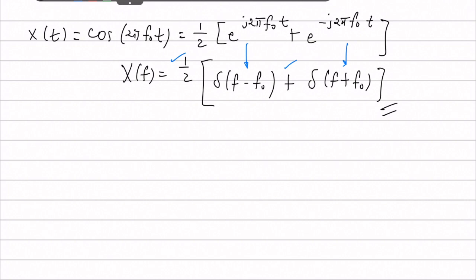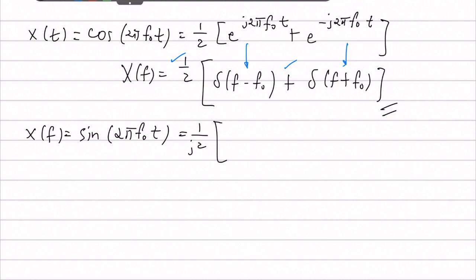Let's do the same for the sine function. So x(t) is equal to sine 2 pi f naught times t. Again, let's use our Euler identity. The sine function is equal to 1 over j2 times e raised to the j 2 pi f naught times t minus e raised to the minus j 2 pi f naught times t. Okay?